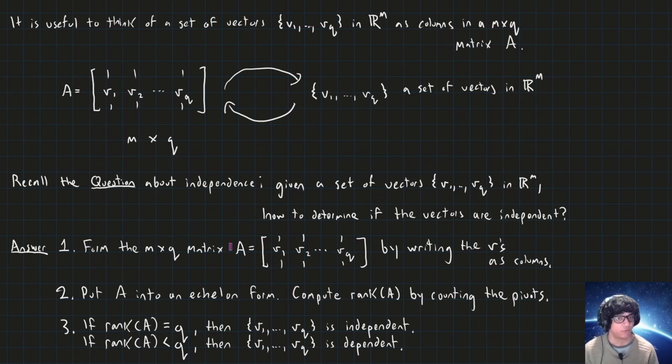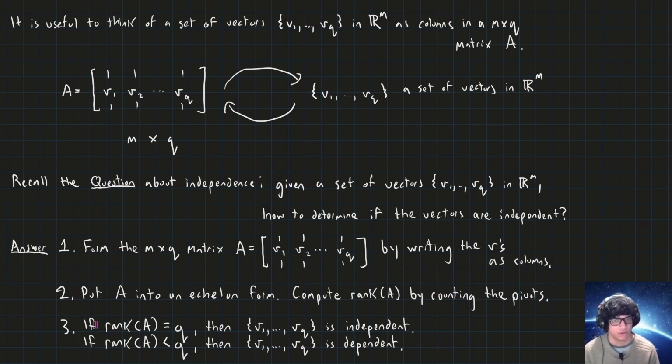First of all, we want to form the matrix A, where we set the vectors as columns. Then we want to put the matrix A into an echelon form. Then compute the rank of A by counting the number of pivots.